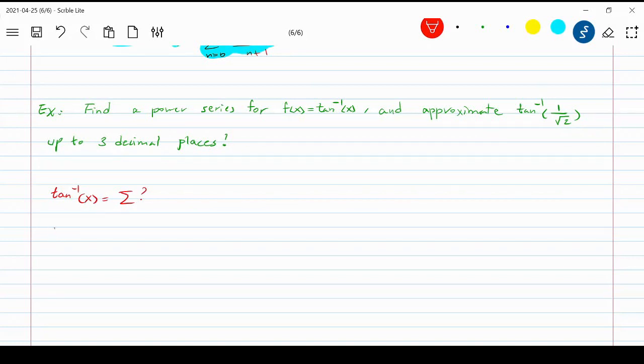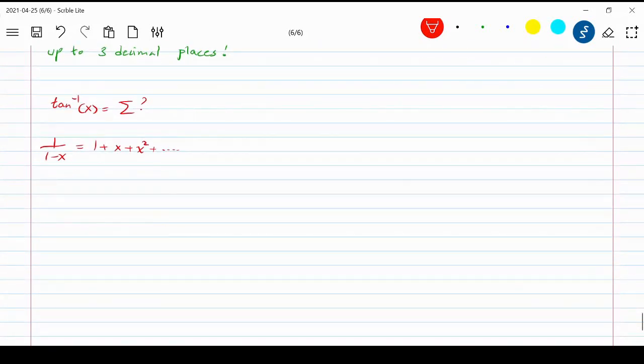And the only thing that we know is, again, 1 over 1 minus x equals 1 plus x plus x squared and so on. In these cases, you need to be creative and try to figure out how to relate tan inverse to a polynomial, or a fraction in terms of 1 over 1 minus x, 1 plus x or something.